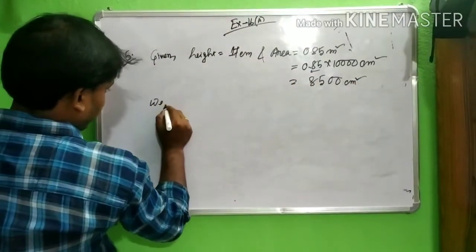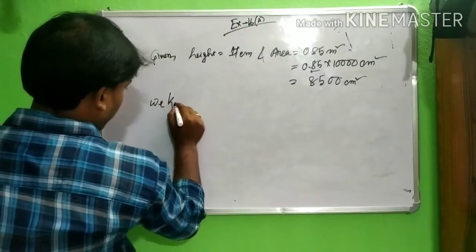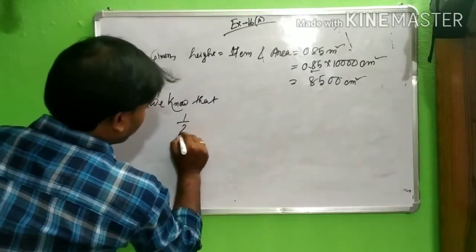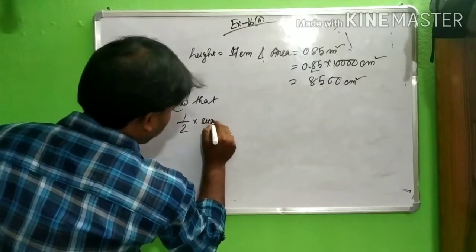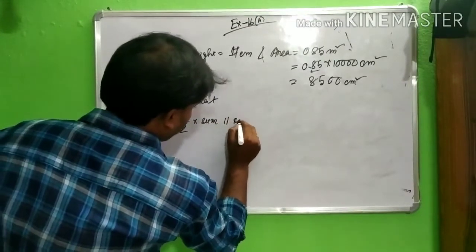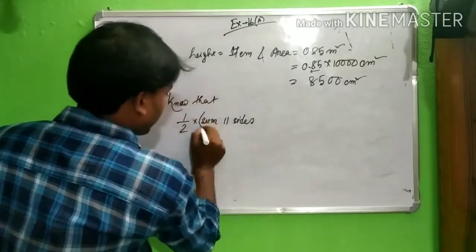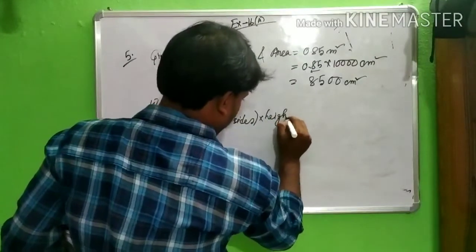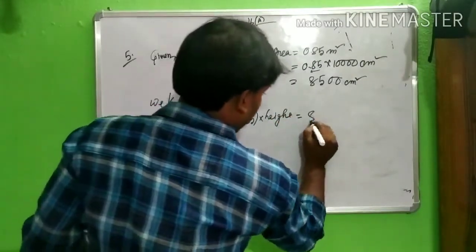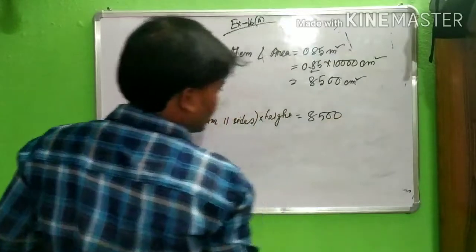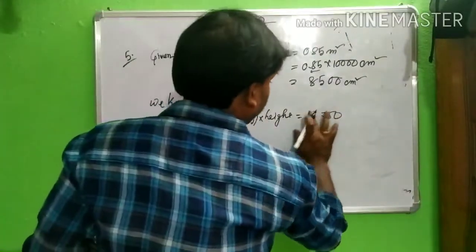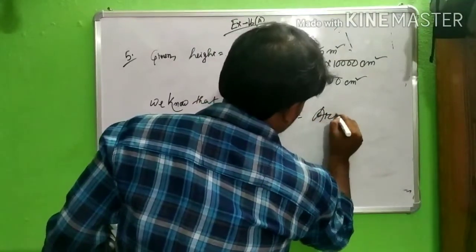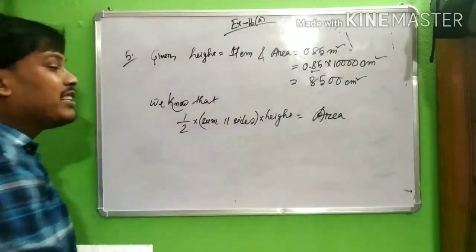We know that half into sum of parallel sides into height equal to area, 8500. Why do we write in this way?